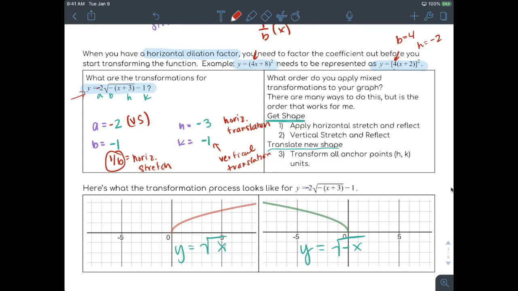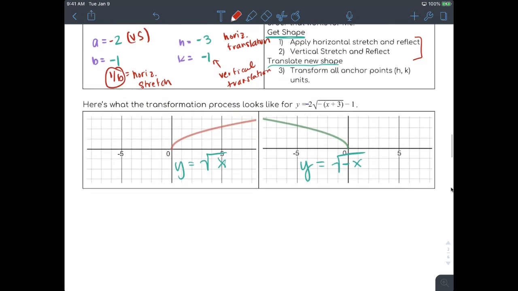So I like to get the shape first, using the horizontal and vertical stretches, and then I translate all of my key points. So for example, I'm going to start with my mother function with my anchor points here. And then I apply my horizontal stretch, which is a reflection.